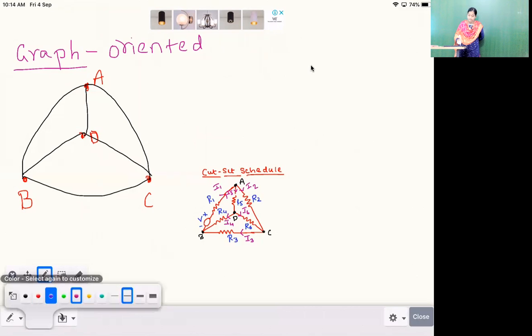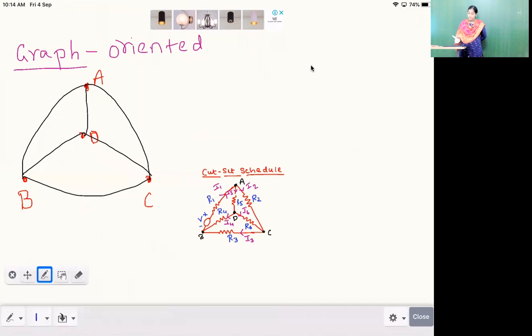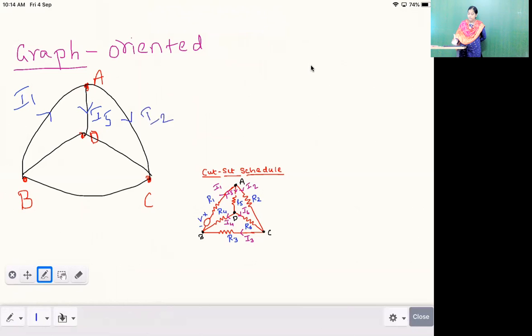So for that, from B to A we are having a current I1, right? From A to D I am having a fifth branch which we have represented as I5. Then from A to C, I am having a branch current I2, right?